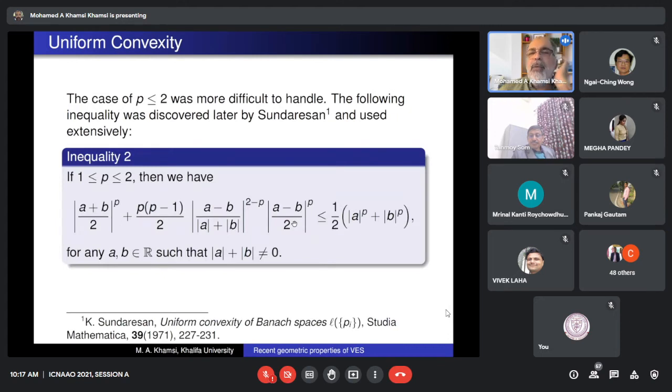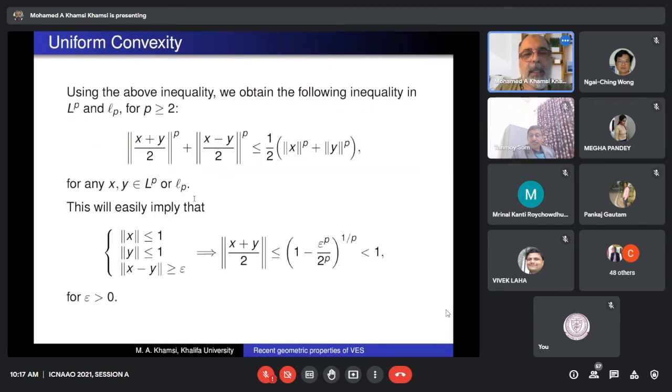So what happens when p is less than 2? By the way, if you go back here, what happens to LP when p is less than 2? They got it by duality, because the dual of LP is LQ, and if p is bigger than 2, q is less than 2.